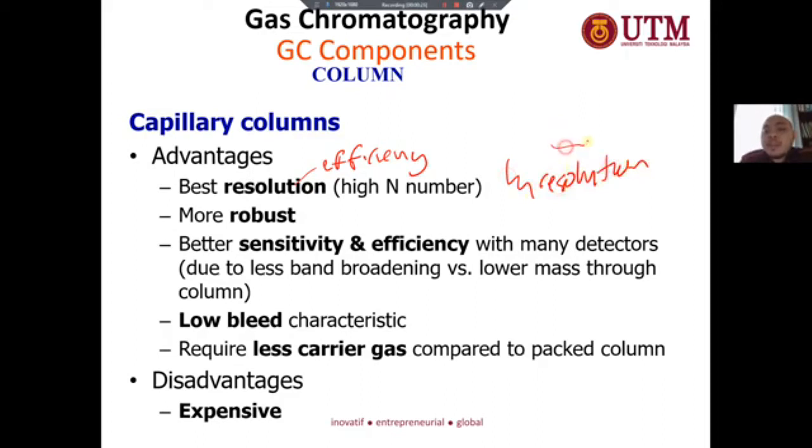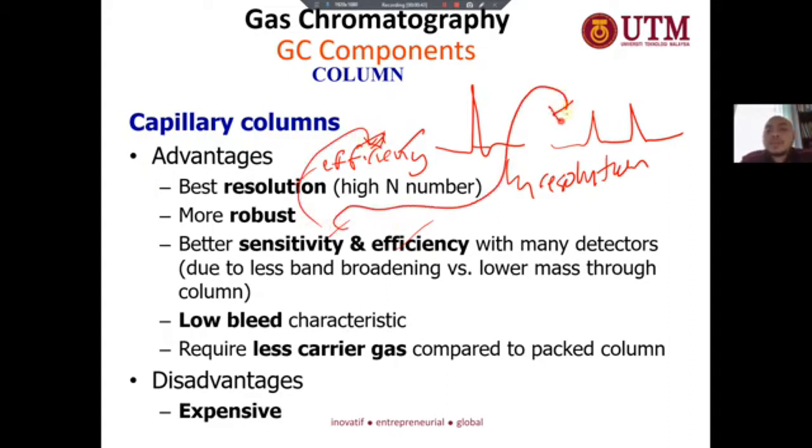It can provide a better separation, and also the peak will be sharper compared to the packed column. Capillary column is also more robust, less prone to what we call bleed characteristic. Better sensitivity and efficiency actually reflect the same thing.